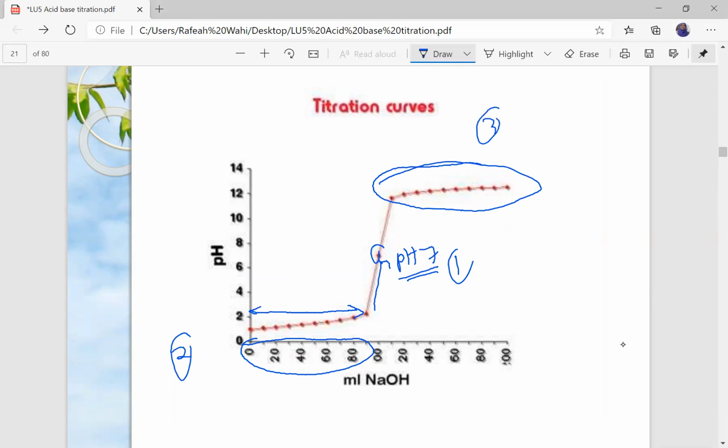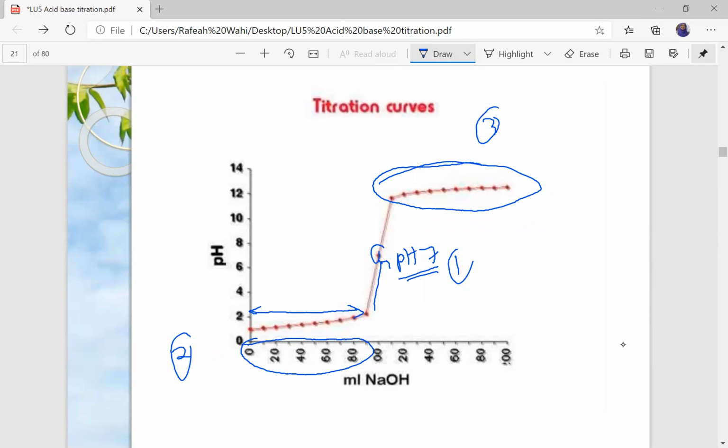Point number 3, post equivalence point, or we call it over titration, the pH is always more than 7, and you have to calculate the excess of hydroxide ion. From there, you get pOH, and then you recalculate it for pH.